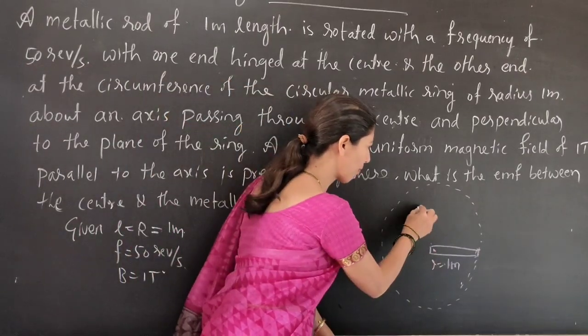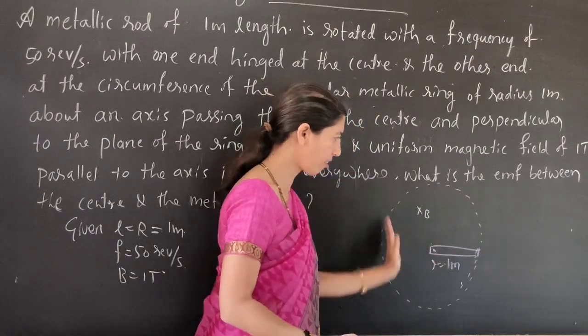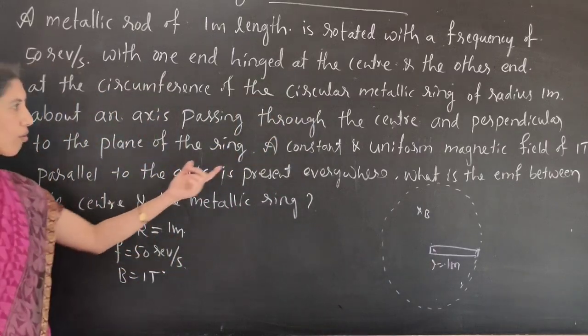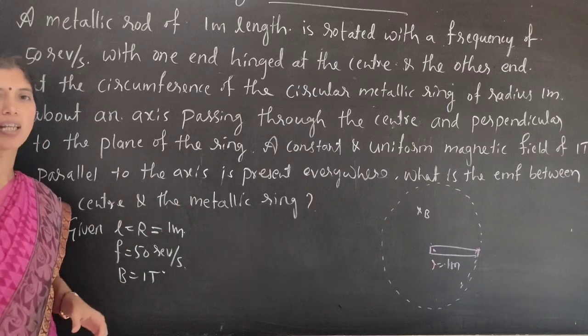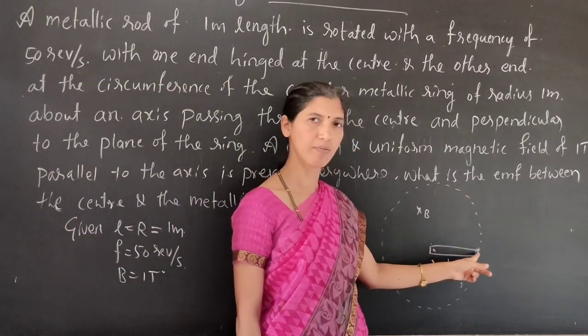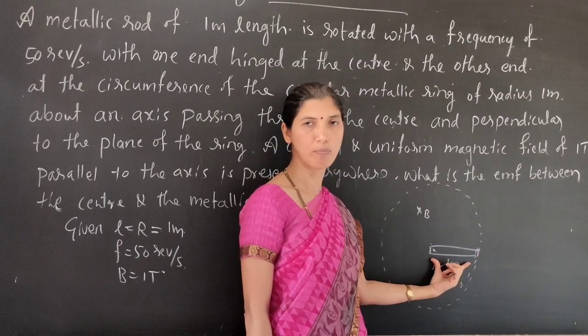That means the field should be inside. That means this is parallel to the axis. We have to calculate what is the EMF between the center and the metallic ring. So you have to calculate the value of the EMF.